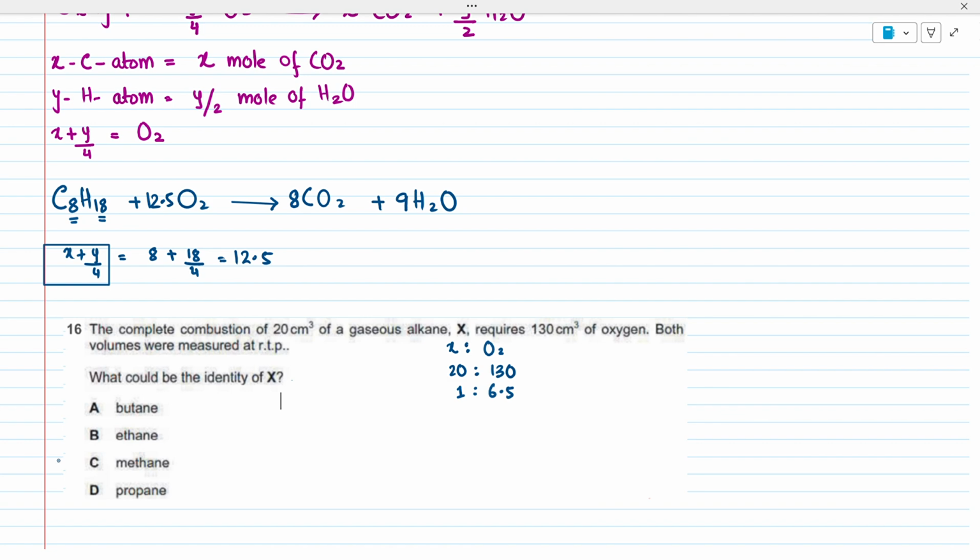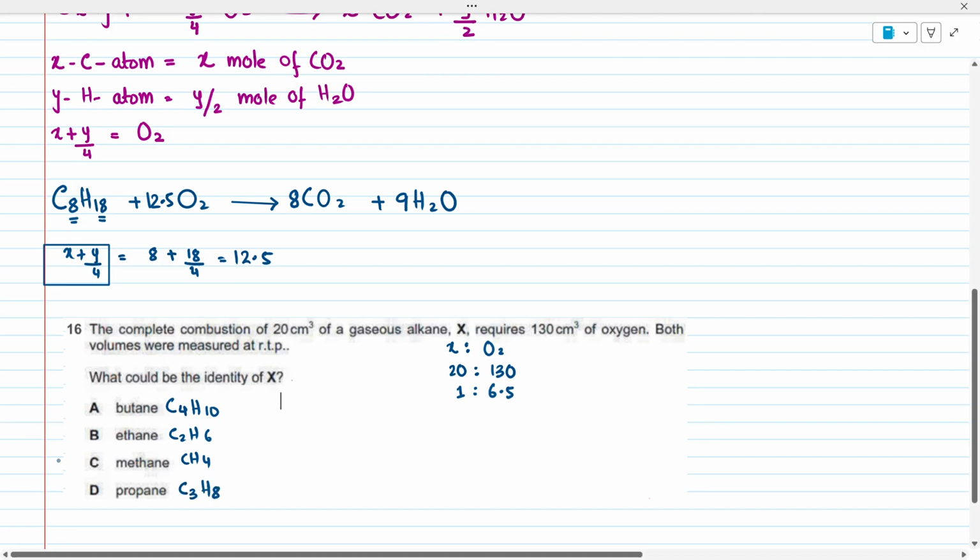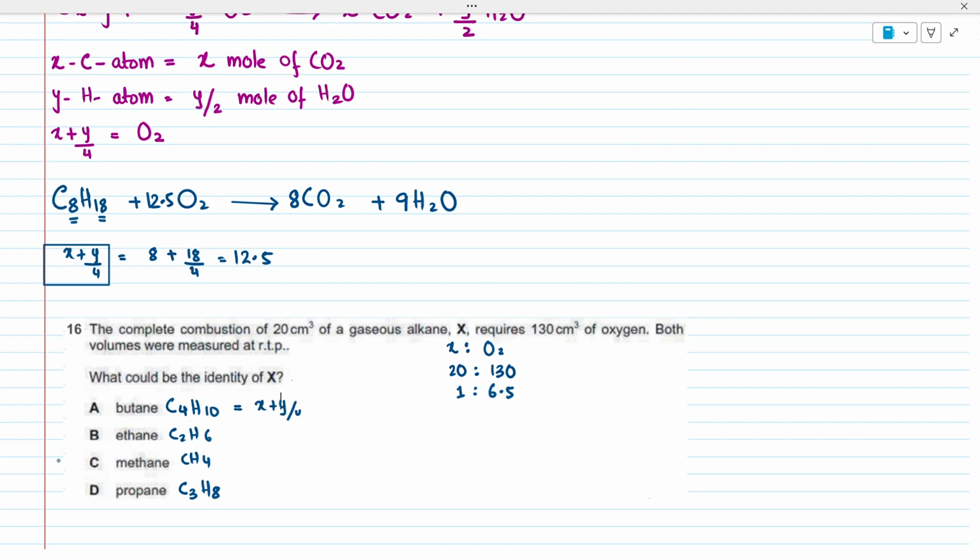So now you have to find out the identity of X. What will you do? Butane is C4H10, ethane is C2H6, methane is CH4, and propane is C3H8. If you know this factor, simply put these values in: x is 4 plus y is 10, 10 divided by 4.